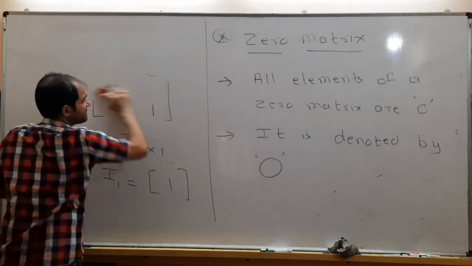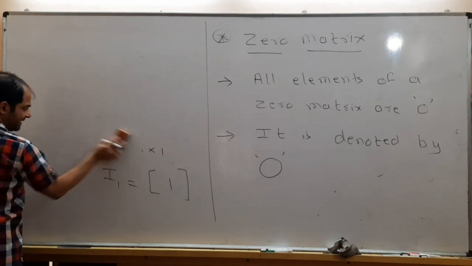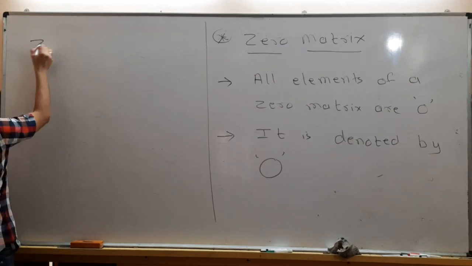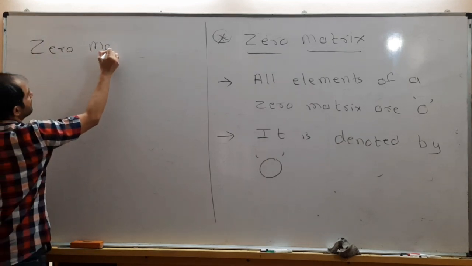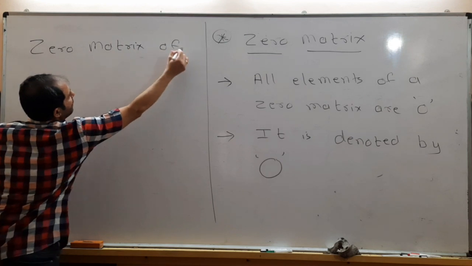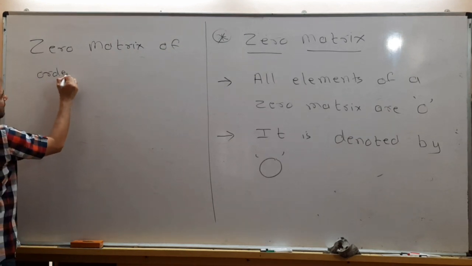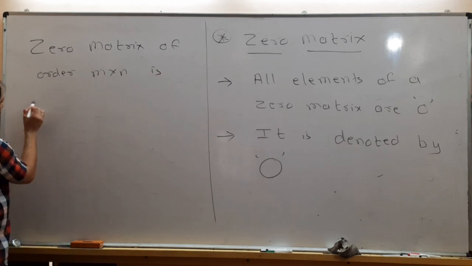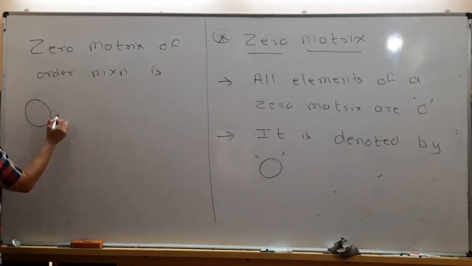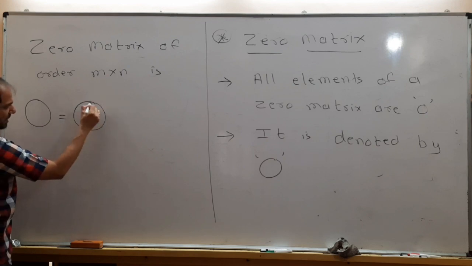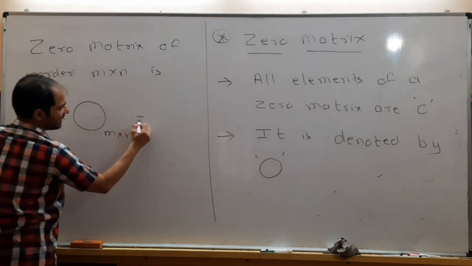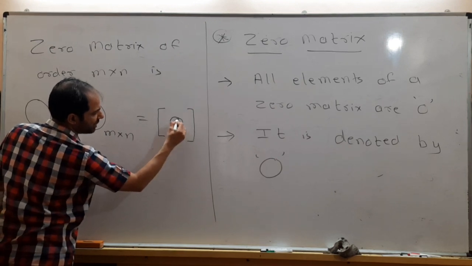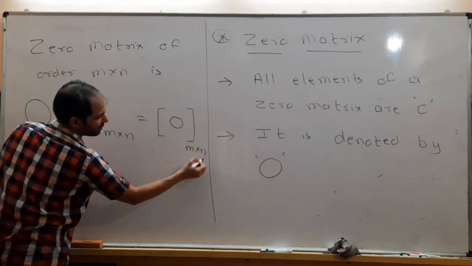Any zero matrix of order m cross n can be written as O, which is equal to O m cross n, and we can write it as a matrix where all elements are 0 and the order is m cross n.